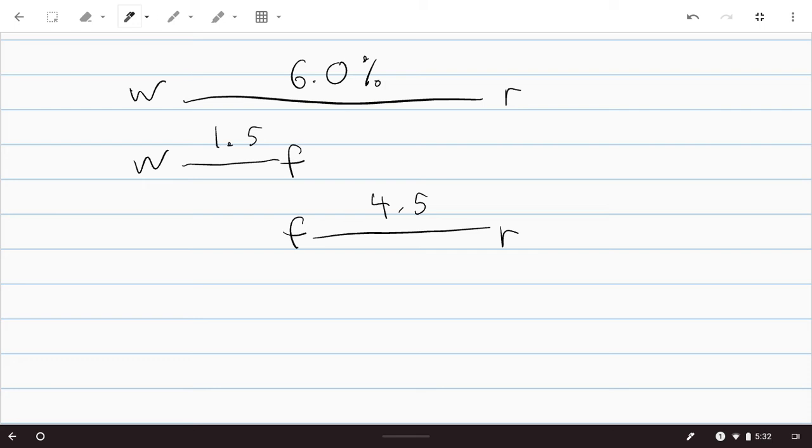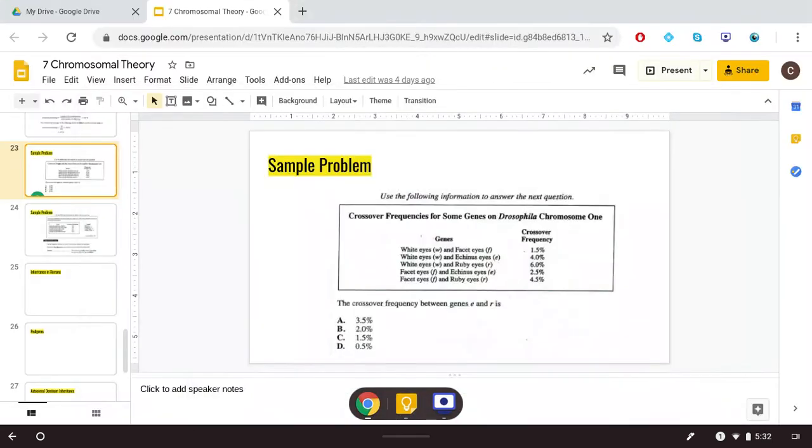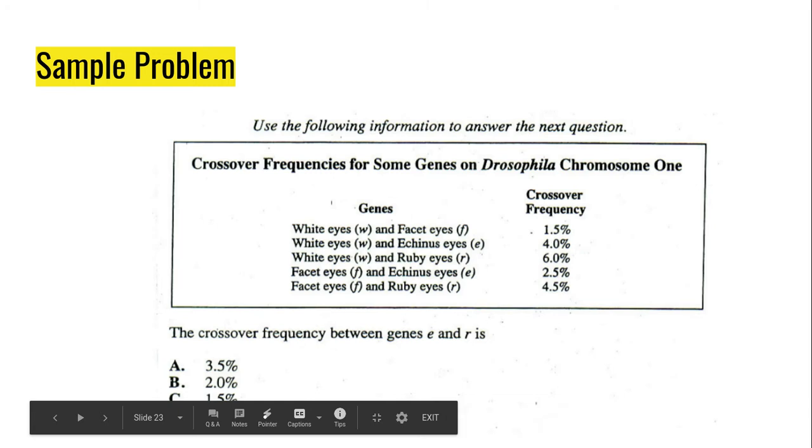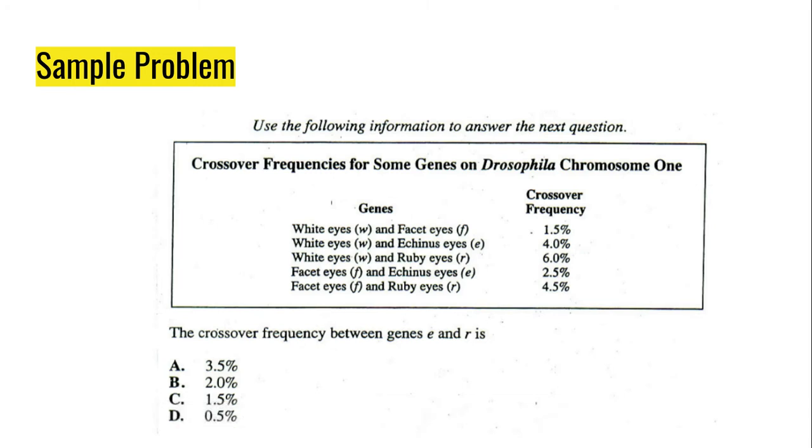And that's going to be quite helpful for us because we see that the distance between the facet eyes and the echinus eyes is 2.5 as well. So when we look at facet eyes and echinus eyes, that tells us that the distance between them is 2.5. Now that could be on either side of that facet eyes in the middle.